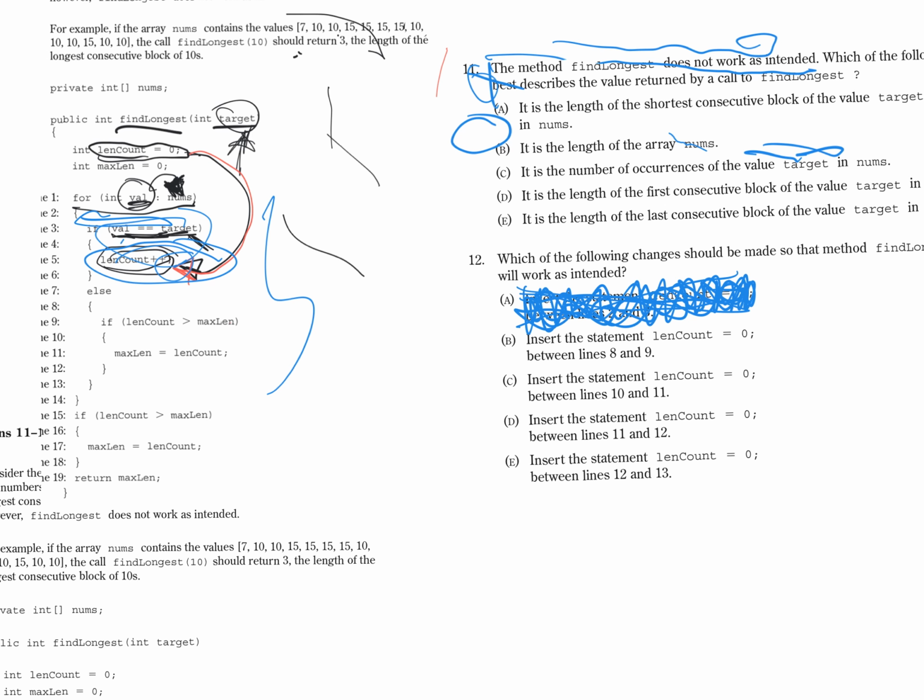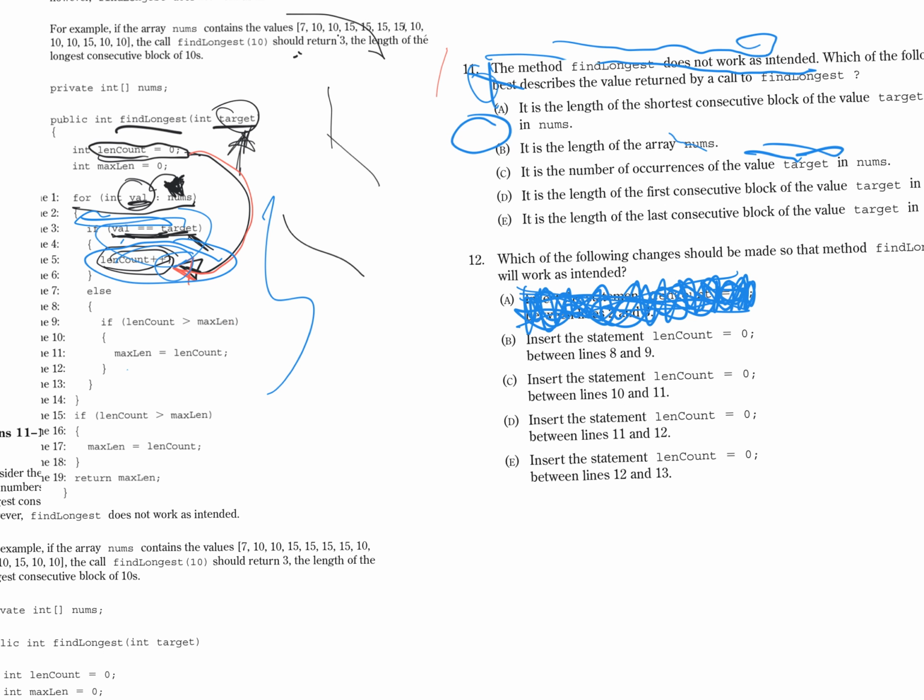B, insert statement length count equals 0 between 8 and 9. Between 8 and 9 would be over here, which is in the else statement, which is to say that we're resetting it before we update maximum. That's not going to work because you want to update the maximum consecutive count before you reset length count.